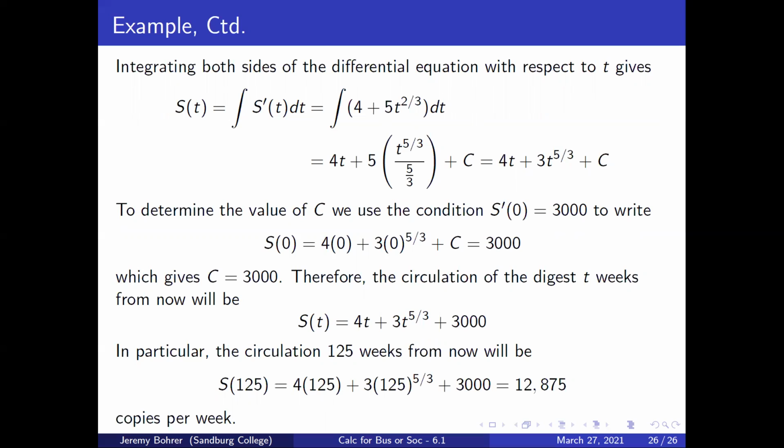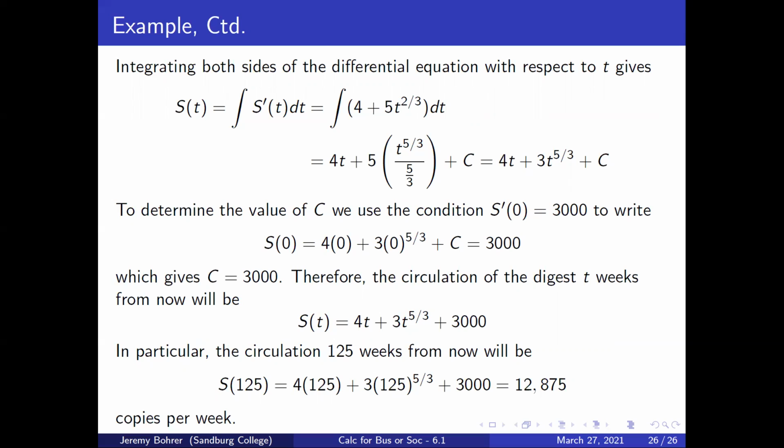To determine the value of c, we use the condition S of 0 equals 3,000 to write S of 0 equals 4 times 0 plus 3 times 0 to the 5/3 plus c equals 3,000, which gives c equals 3,000. Therefore, the circulation of the digest t weeks from now will be S of t equals 4t plus 3t to the 5/3 plus 3,000.